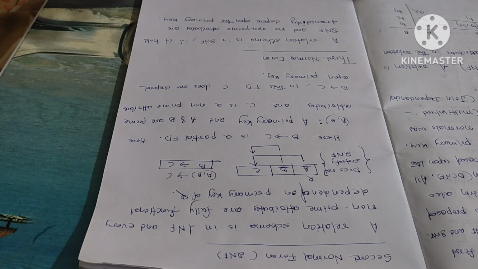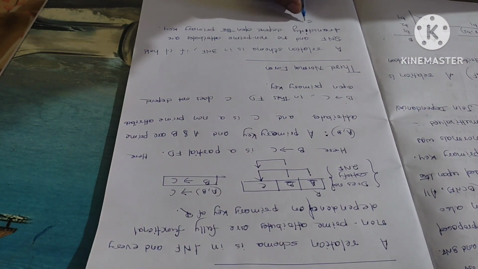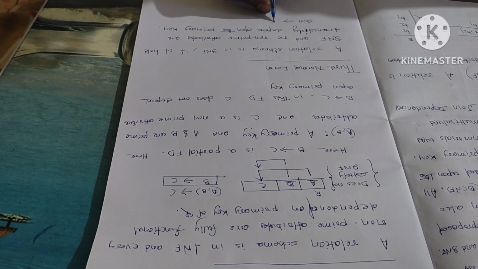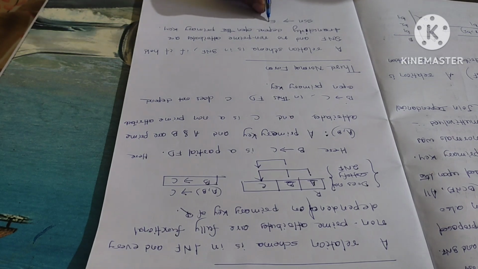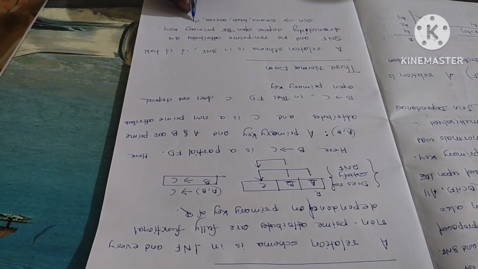Let us take one example here. Employee number determines employee name, birth date, address and department number.